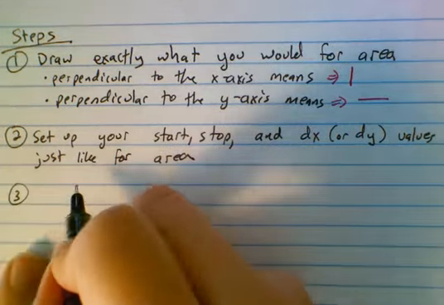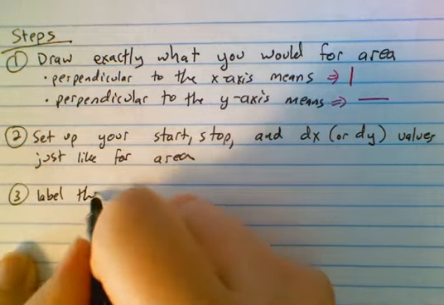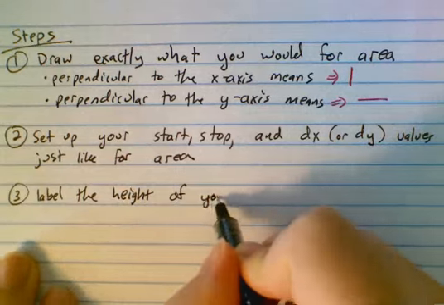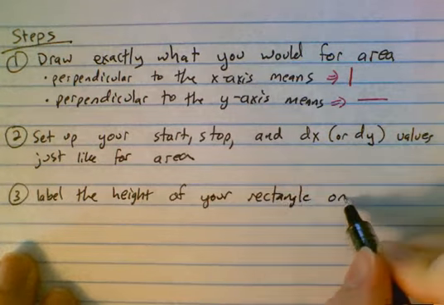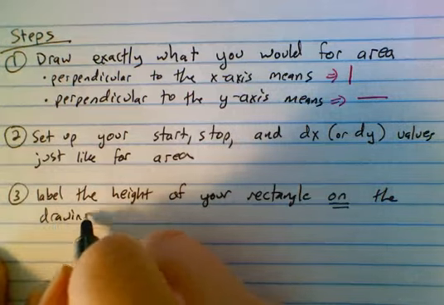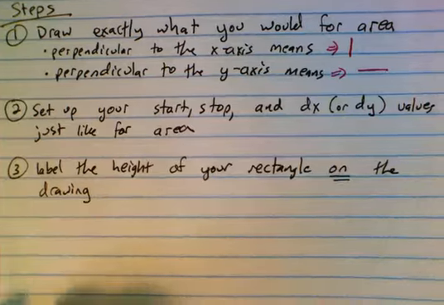Where we start having slight changes is you're going to label the height of your rectangle on the drawing rather than putting it in the equation, because our equation is going to change a little bit.